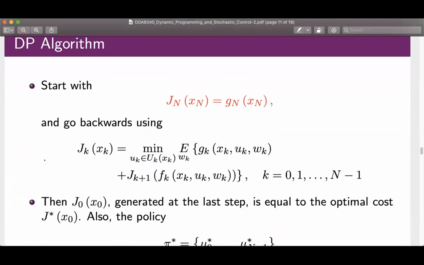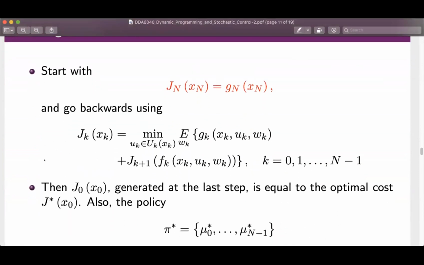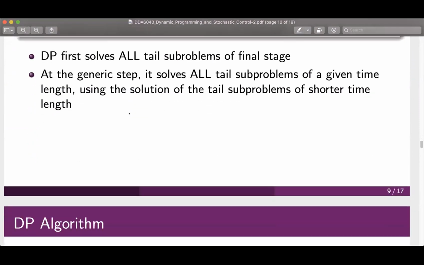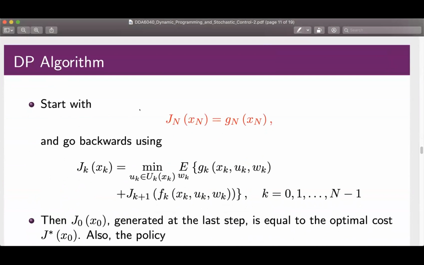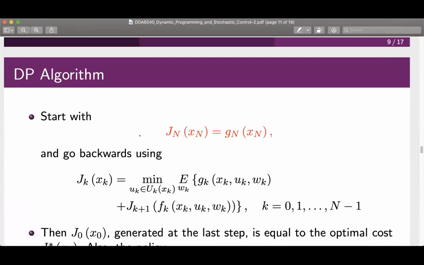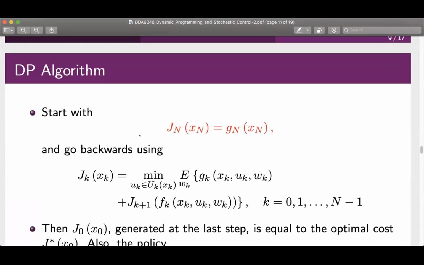This is the procedure of the DP algorithm. It is developed based on the principle of optimality. This principle, as we will show later in the proof, guarantees that the DP algorithm will output the optimal policy for the finite time horizon problem, the original problem.